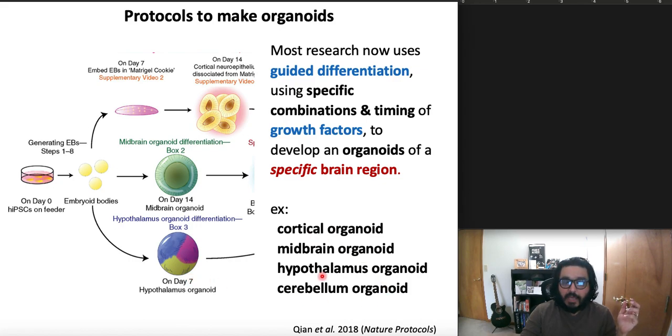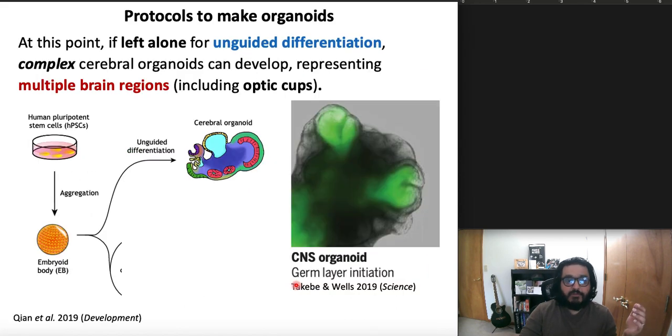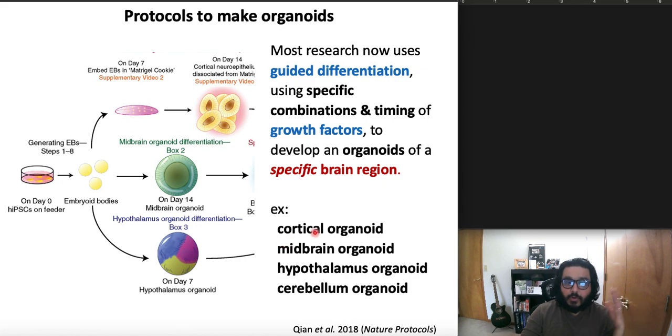So these are a couple of examples of organoids that have been developed. Okay, and so this is where most research is moving, or is using, brain region specific organoids versus just a big mass of all the regions together. So you have specifically cortical organoids, midbrain organoids, hypothalamic or cerebellar organoids.